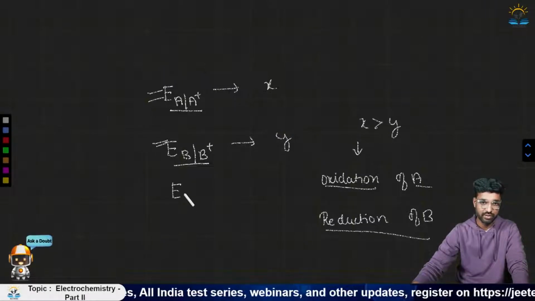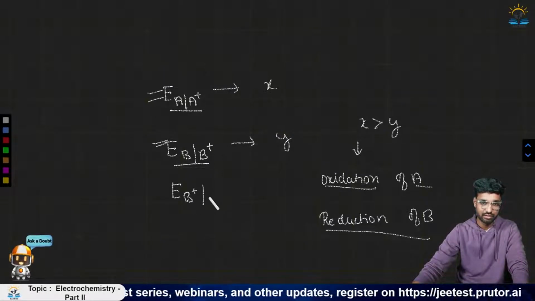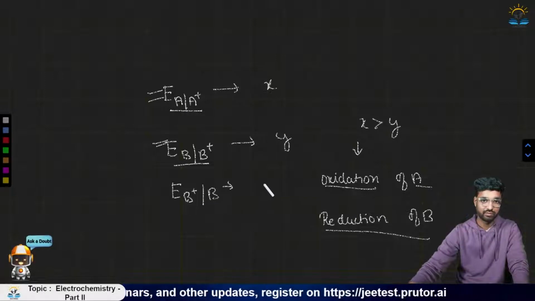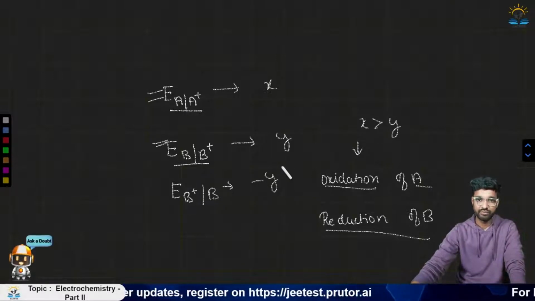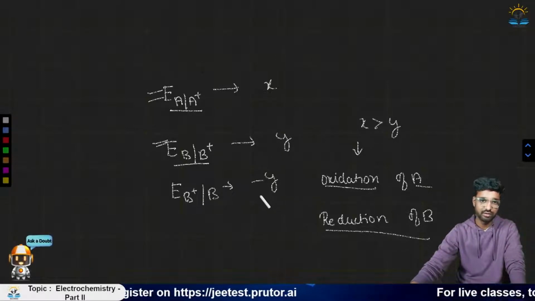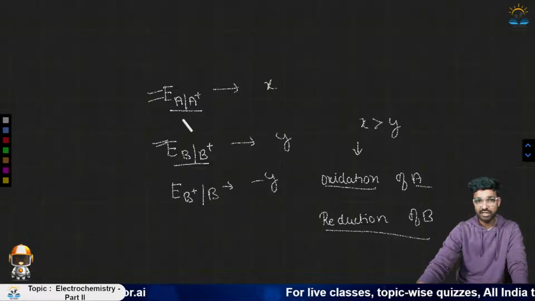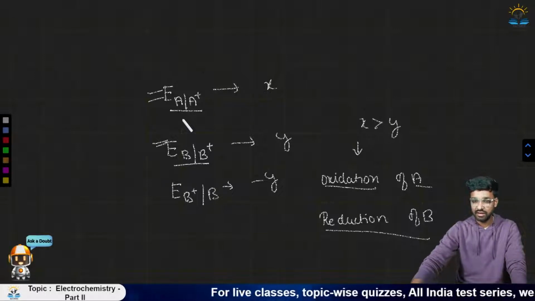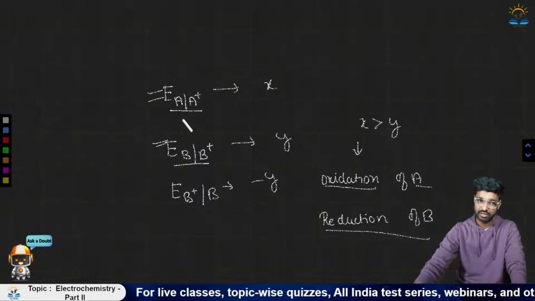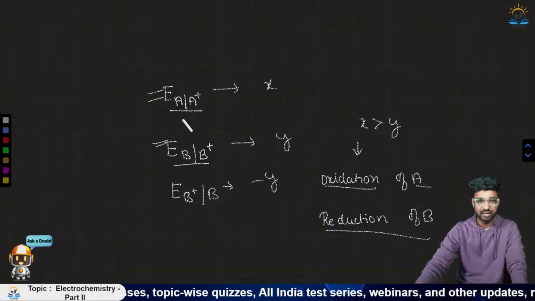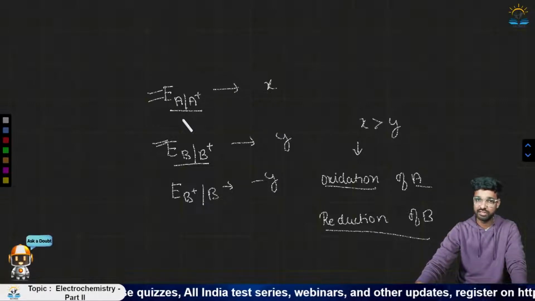So what you will do is simply convert. I have told you earlier that if you just reverse the sign of it, you will get the oxidation potential. So while we are calculating the EMF of a cell, for the thing that is getting reduced, we should take its reduction potential, and for the thing that is getting oxidized, we should take its oxidation potential.